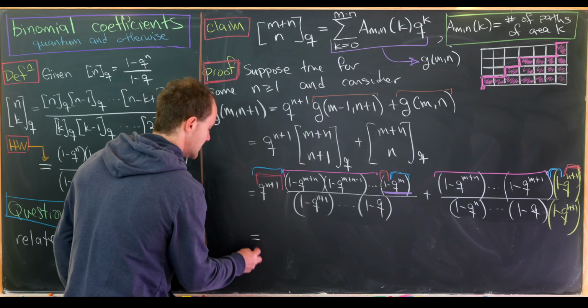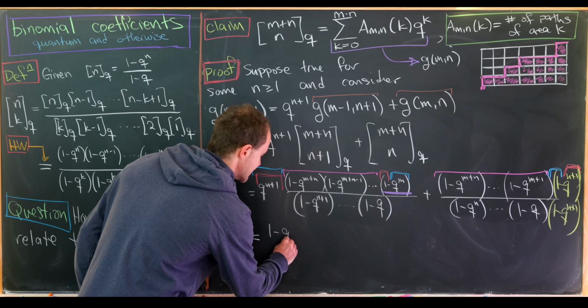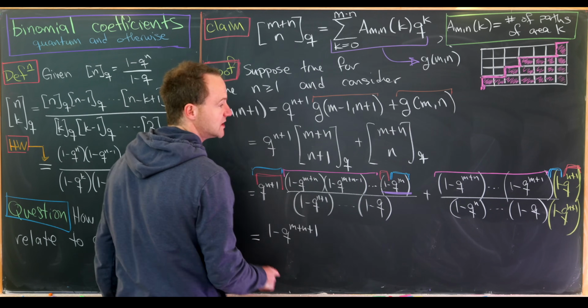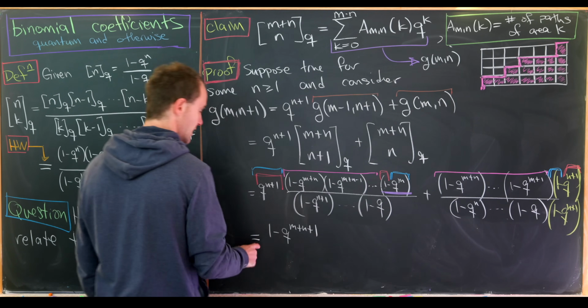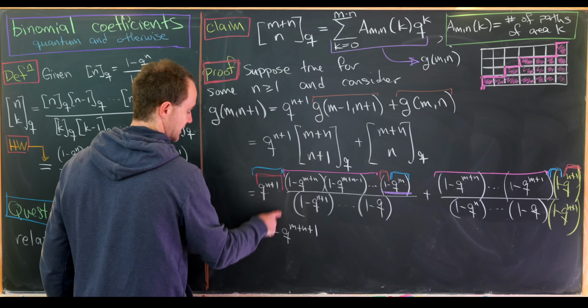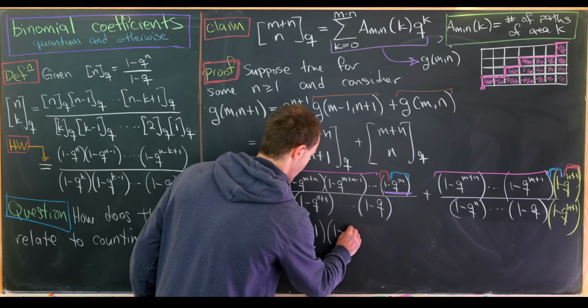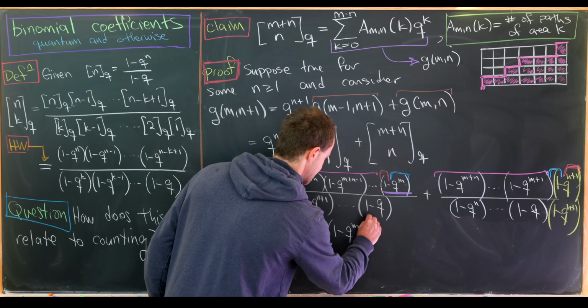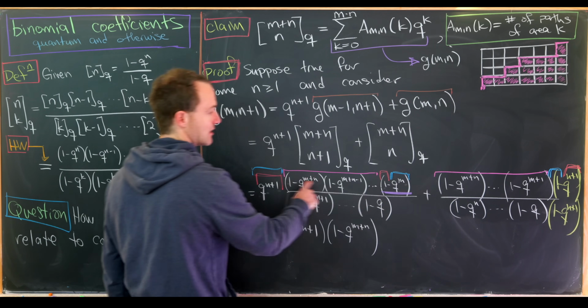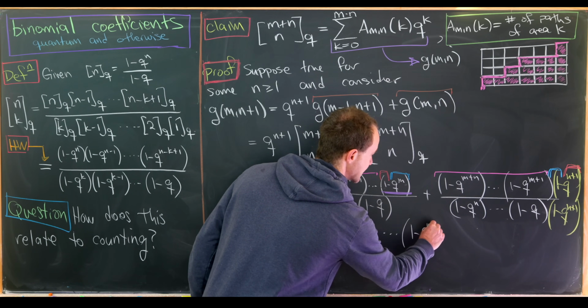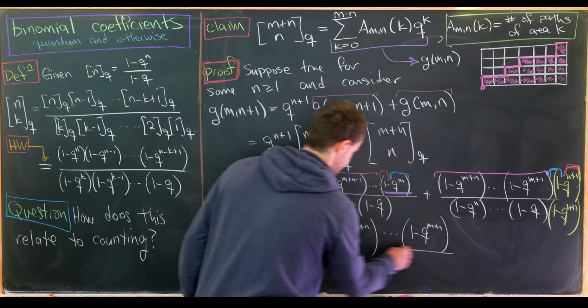So in the end, we'll have 1 minus q to the m plus n plus 1. So the 1 comes from over here. The m plus n plus 1 comes from that blue overline. And then we'll have 1 minus q to the m plus n, which picks up right here, and then descends all the way down to 1 minus q to the m plus 1.